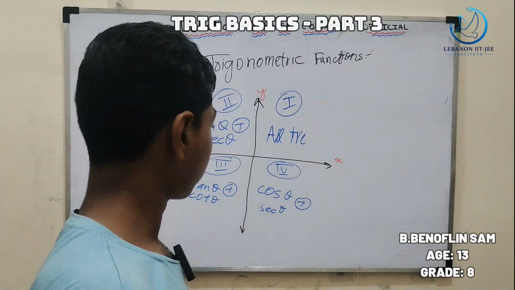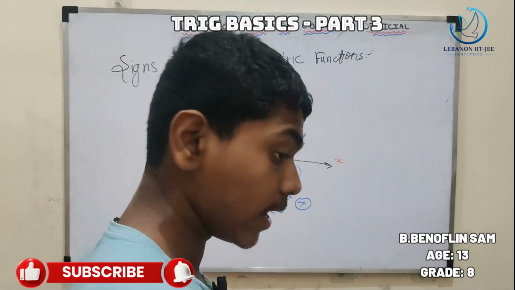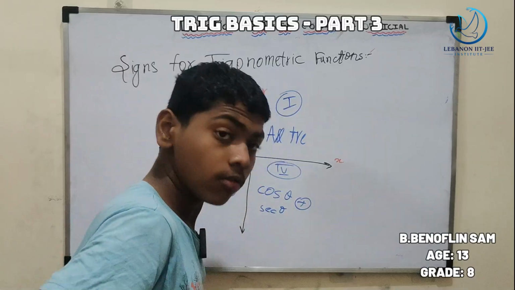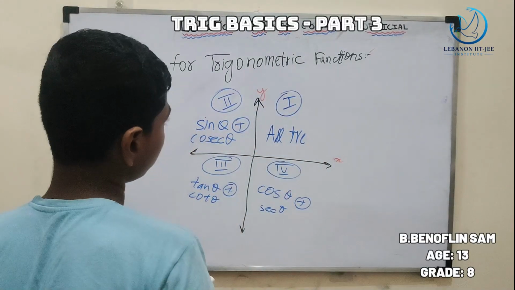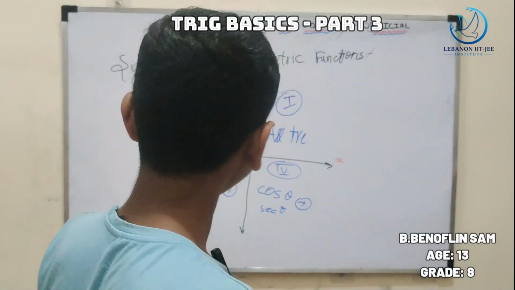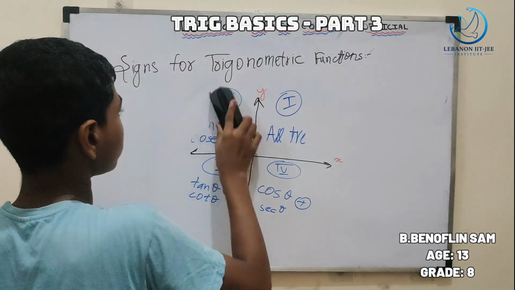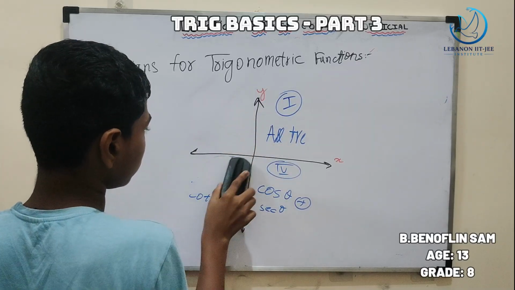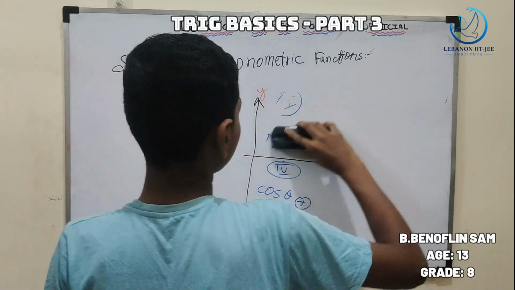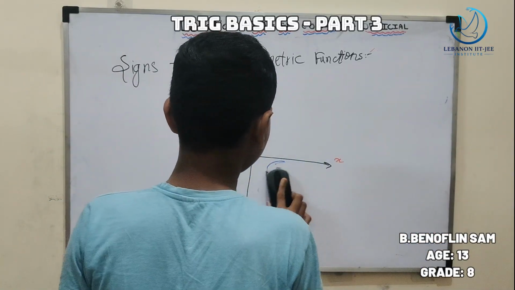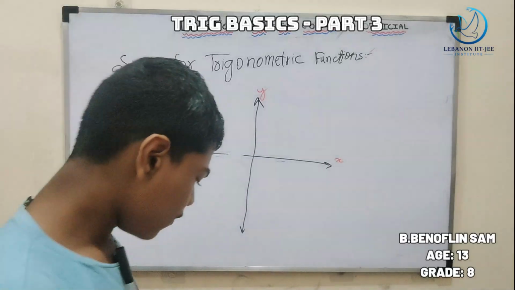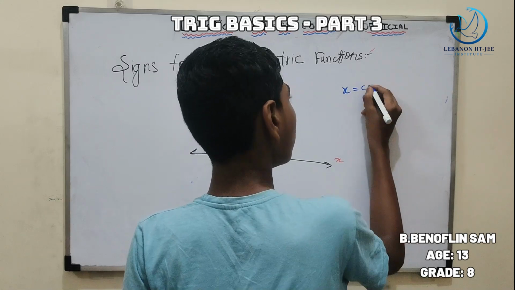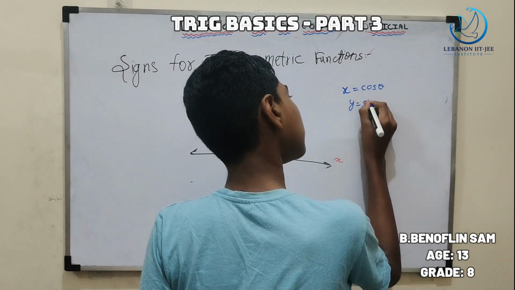I'll tell you why I am asking this: it is followed by allied angles. How to remember? I'll tell you. Let me write this. We can take x equal to cos theta and y equal to sin theta.